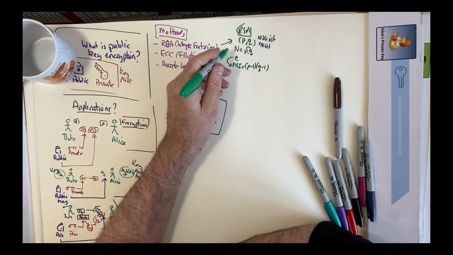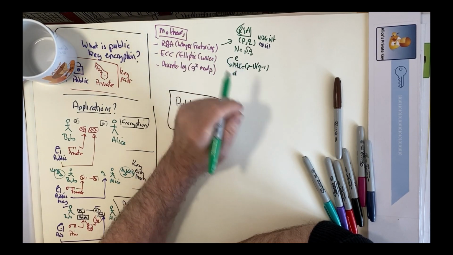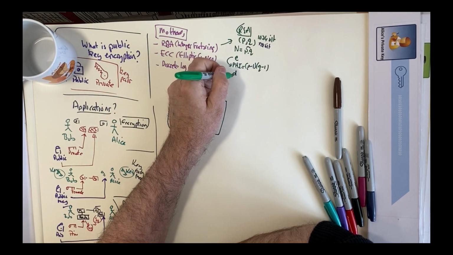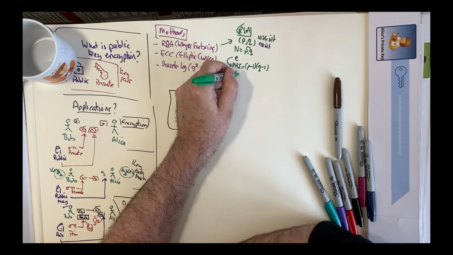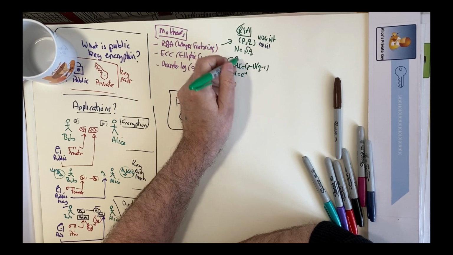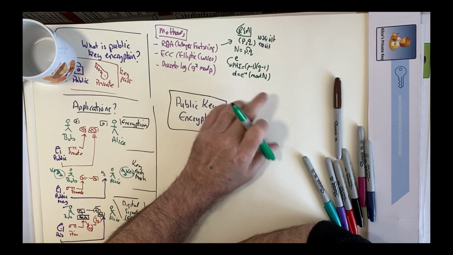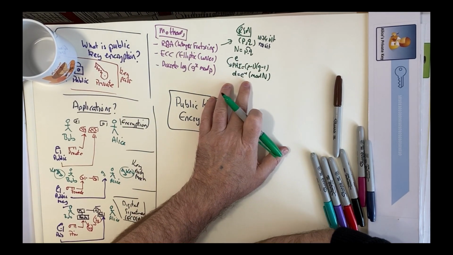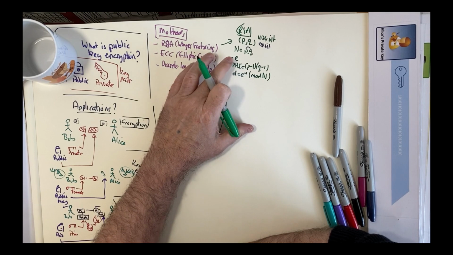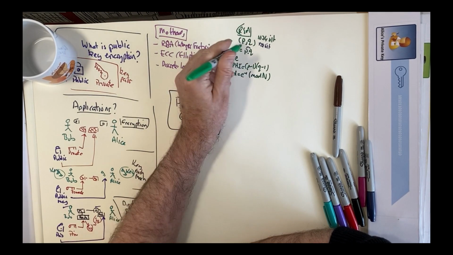After this, we create a private exponent or a private key part, and that's equal to the inverse of E mod phi. I'll give a practical example of this in a little minute. So this is our public part and this is the private part.